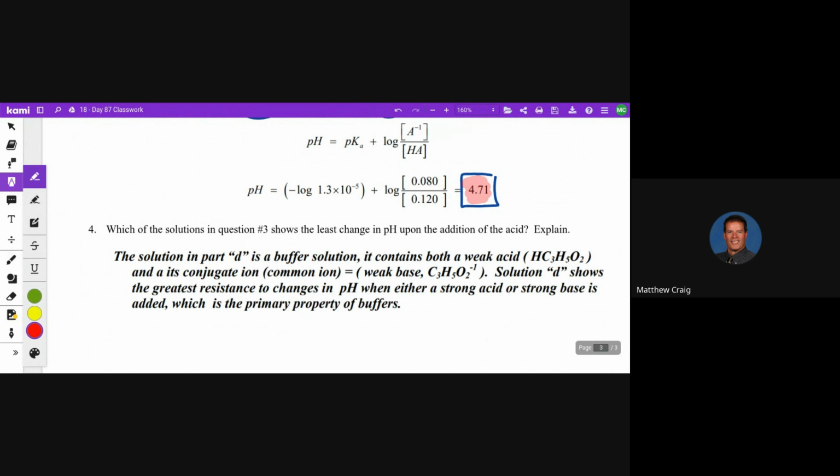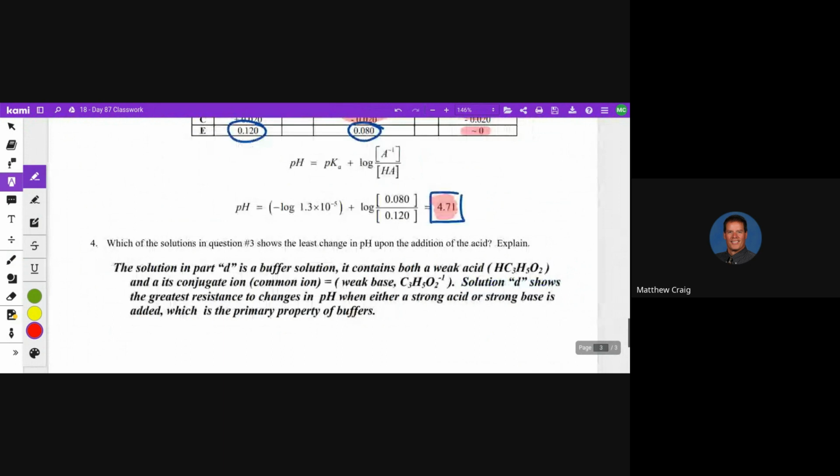It contains both a weak acid, the propanoic acid, and its conjugate or common ion, which is the propionate ion. Solution D shows the greatest resistance to change in the pH when either a strong acid or a strong base is added, which is its primary property of a buffer.